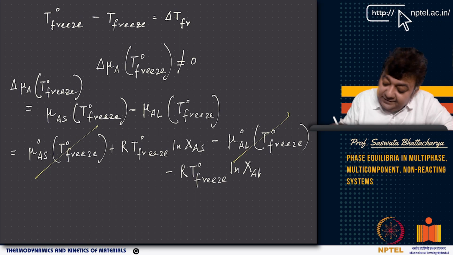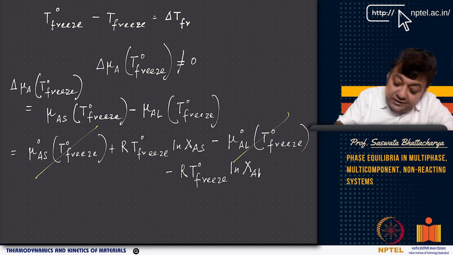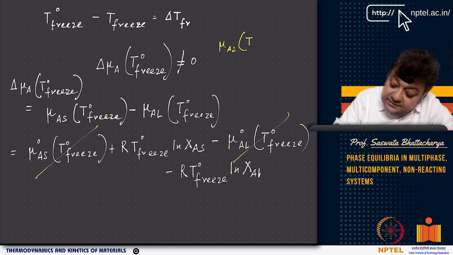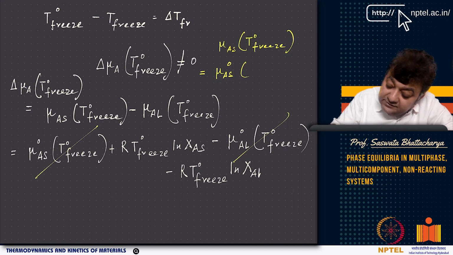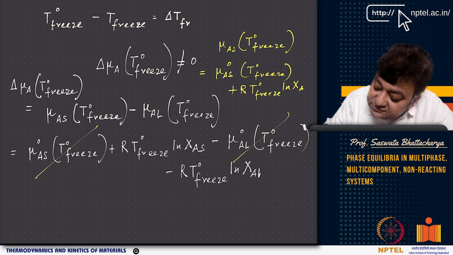Now if you have that, you now assume that mu A S at T0 freeze equals mu A S0, that is the pure solvent in the solid state, at T0 freeze, plus R T0 freeze times ln X A S. This is the composition, or mole fraction, of component A in the solid solution, right?